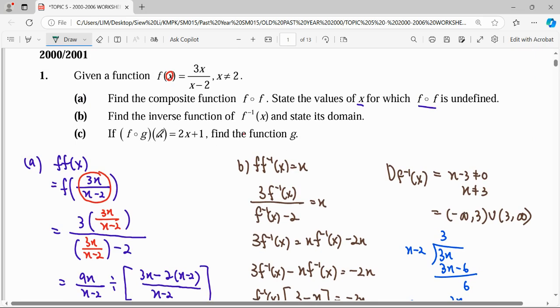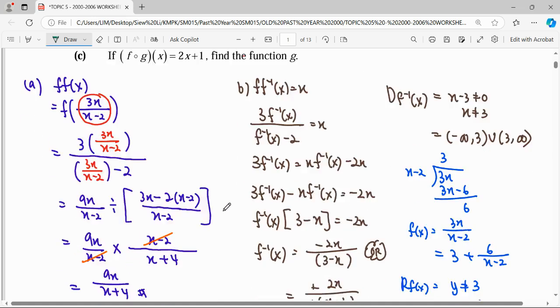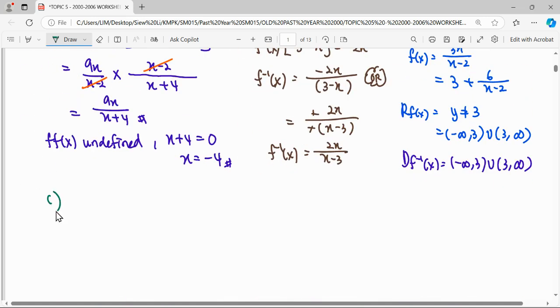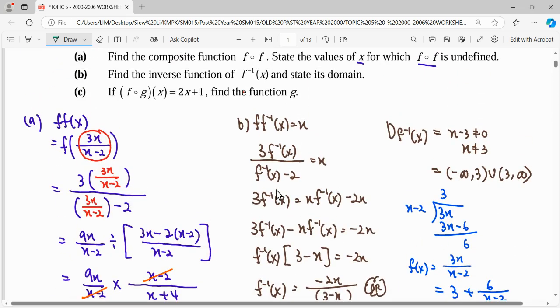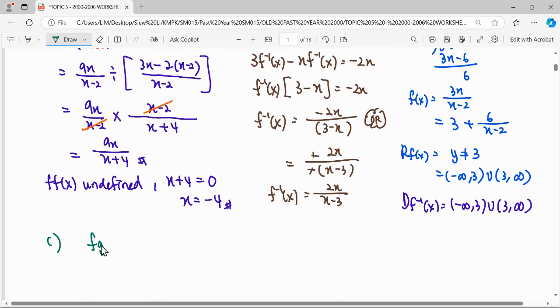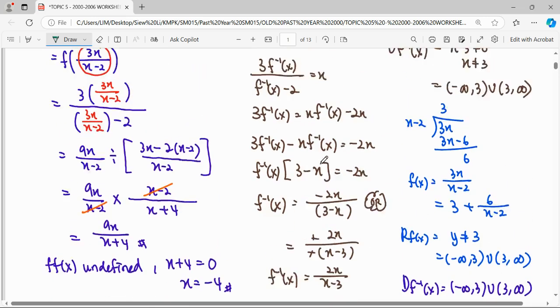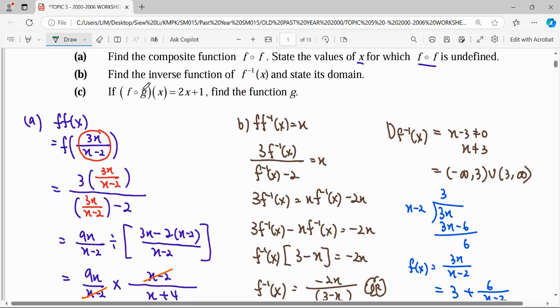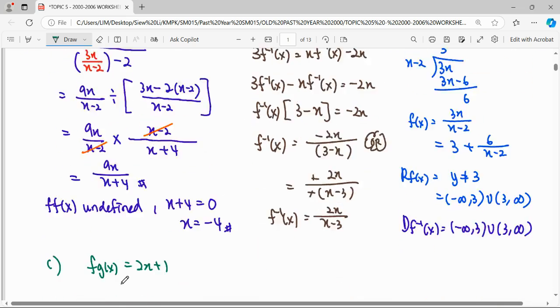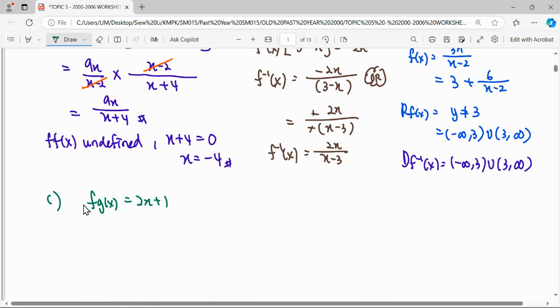And then we continue. If the composite function is 2x plus 1, find the g(x) here. Firstly, we want to find out our g(x). We don't have any g(x) to substitute, therefore we completely substitute g(x) into the f here.